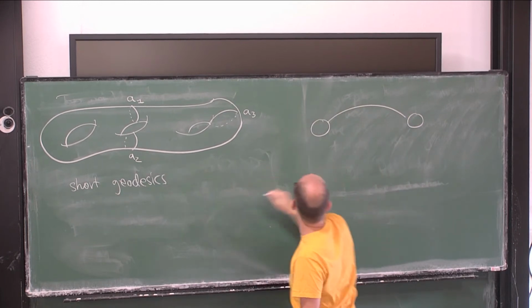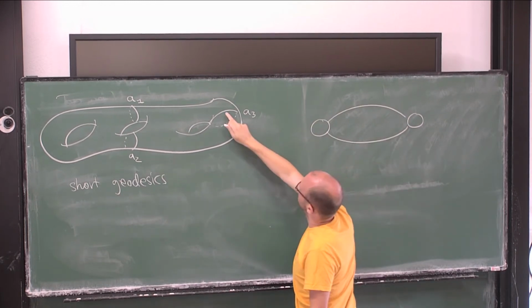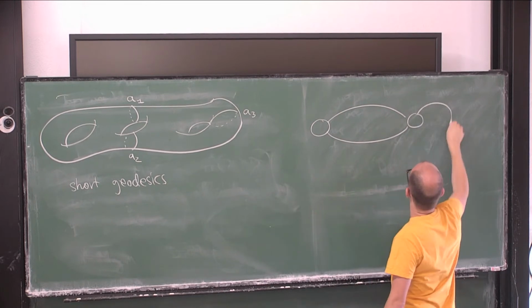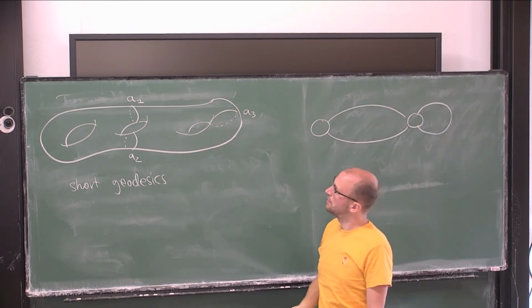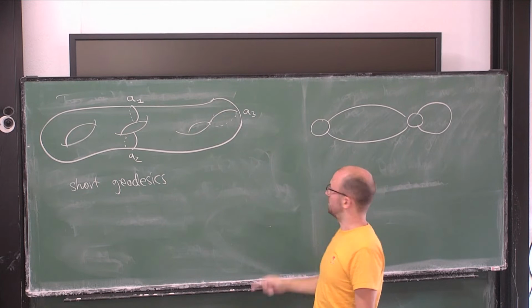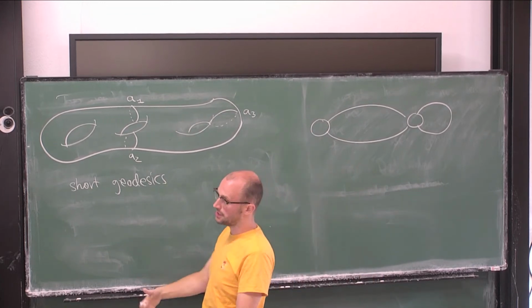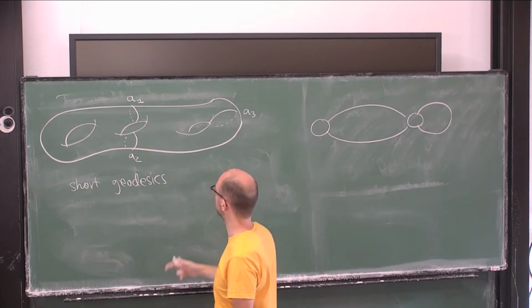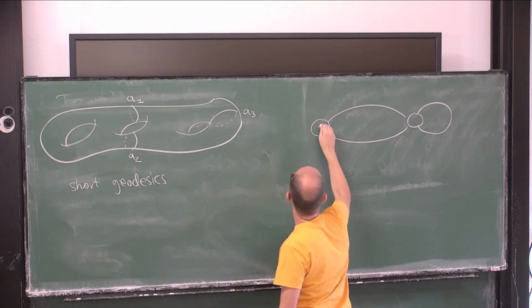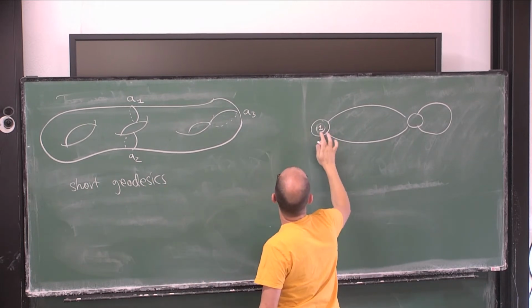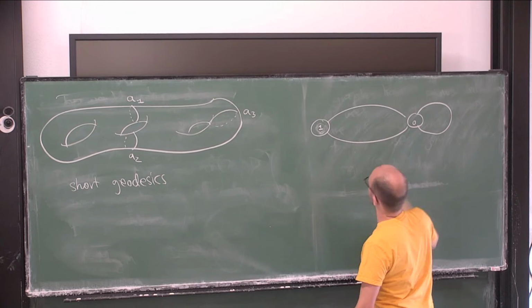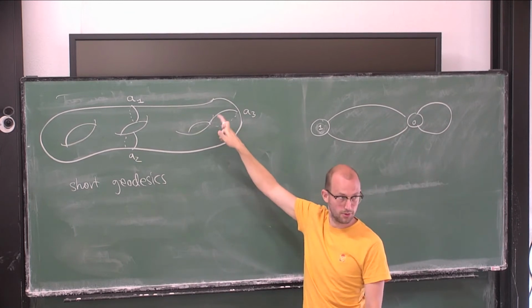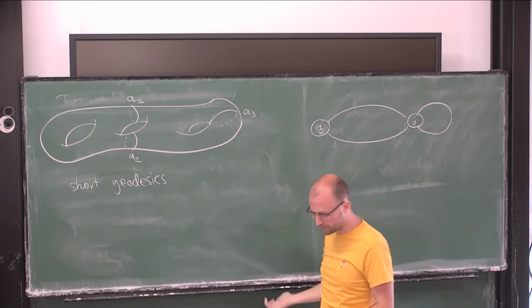Here I have another node. Here I have a node which goes from this component to itself. And then I have a decoration at each vertex, giving the genus of the normalized component. This is a genus 1 component. And this is a genus 0 component, because there are no actual holes when I resolve this node.